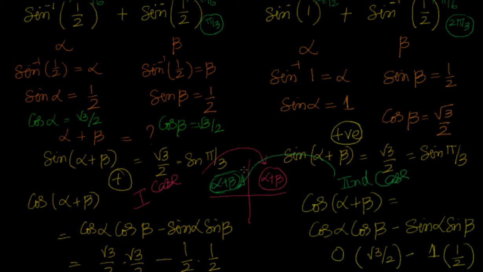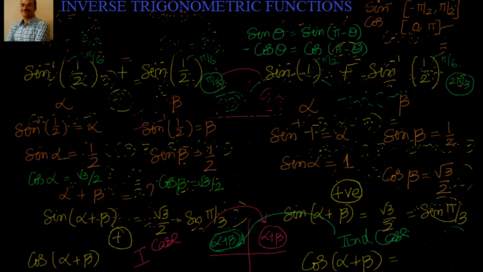According to that, you can leverage the trigonometric identities where you have sine of pi minus theta equal to sine theta, or cos of 2 pi minus theta equal to cos theta, tan of pi plus theta equal to tan theta. You can leverage these simple formulas and you will be able to finally find out the solution.